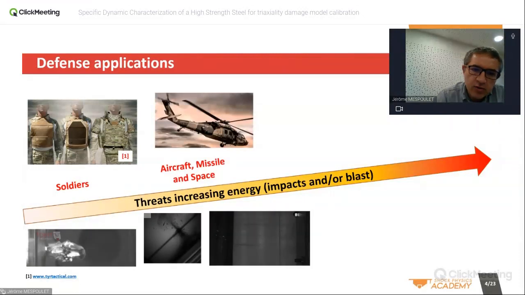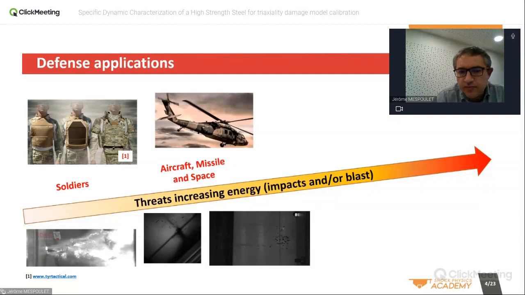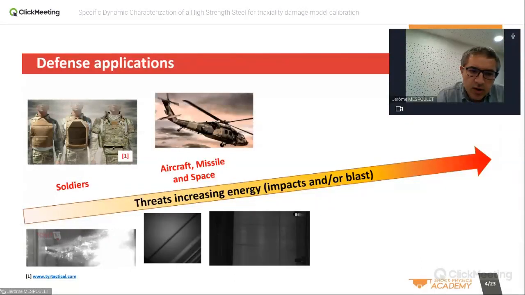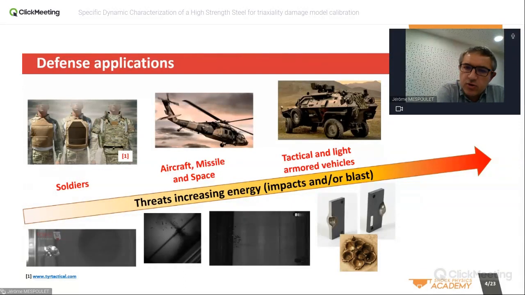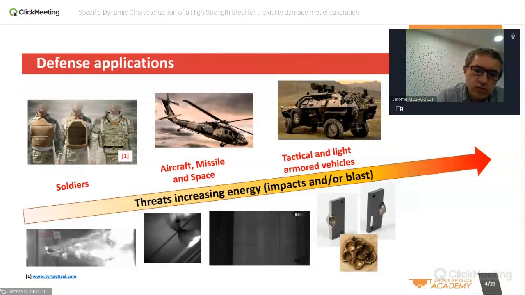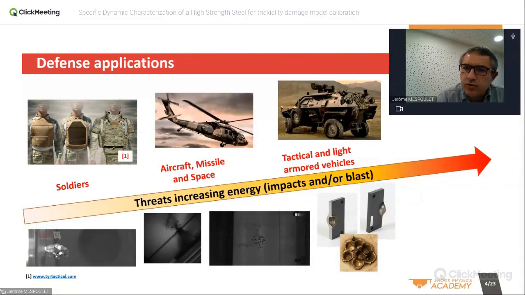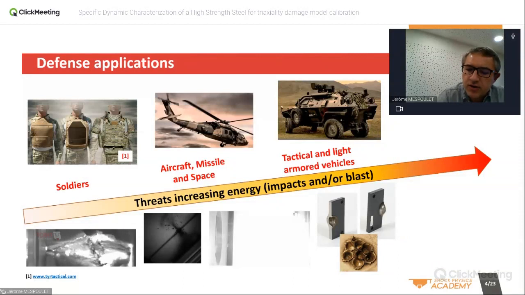And you see, I only present some examples of impacts we have realized in our shock physics lab. After that you have tactical and light armored vehicles, so you increase in terms of velocity and in terms of projected mass, so as to damage, to stop, or to design some protection for our vehicles.